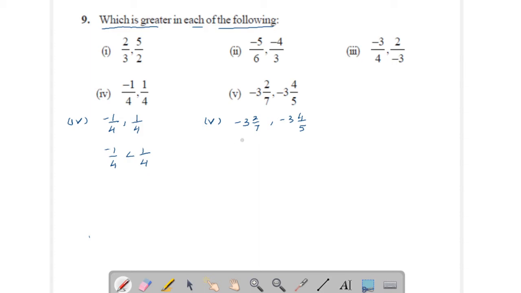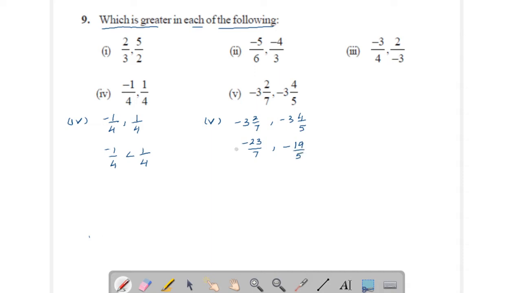Convert it into improper fraction. You will get 3 7 is 21 plus 2, minus 23 upon 7, and 3 5 is 15 plus 4, 19, that is minus 19 upon 5.